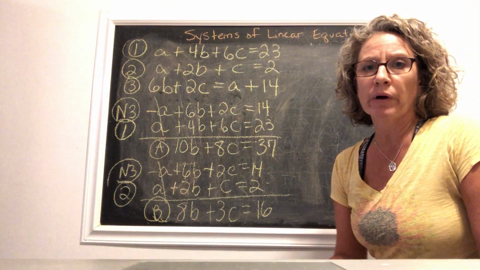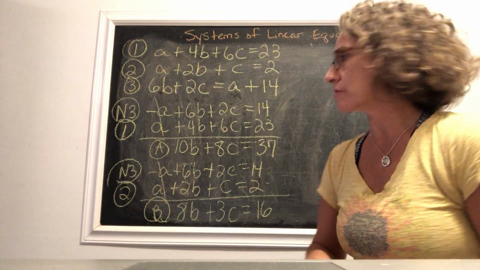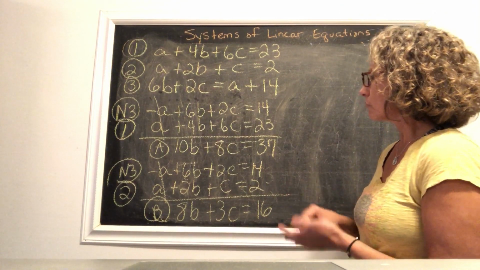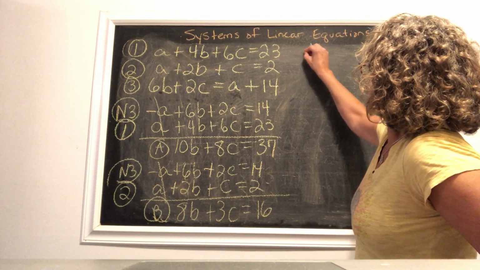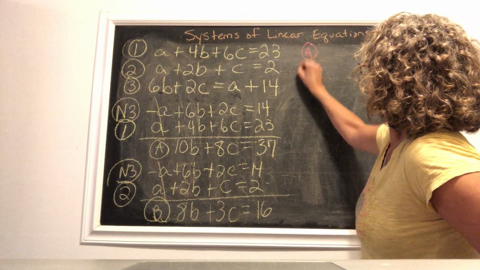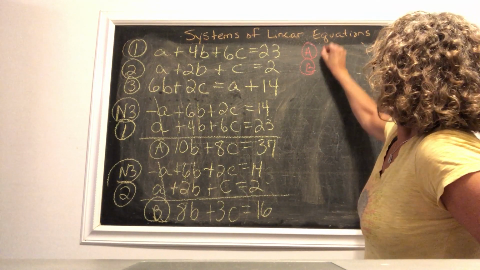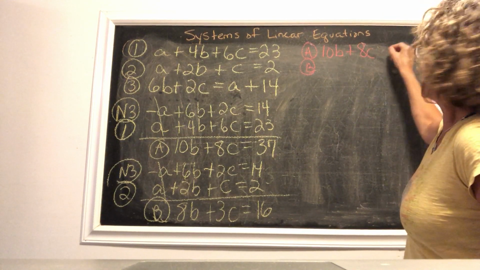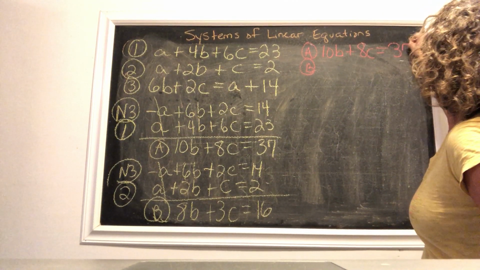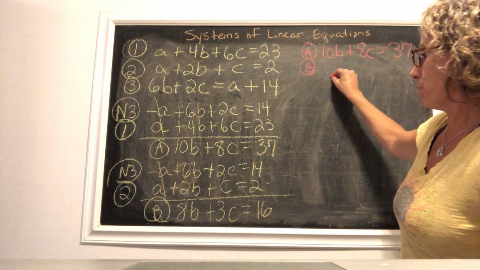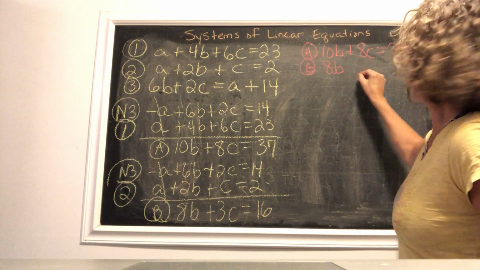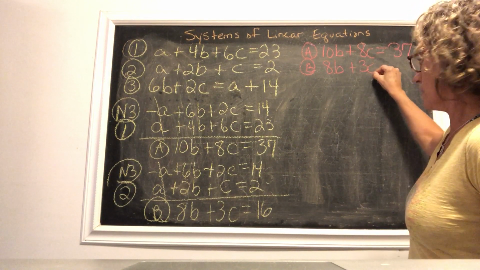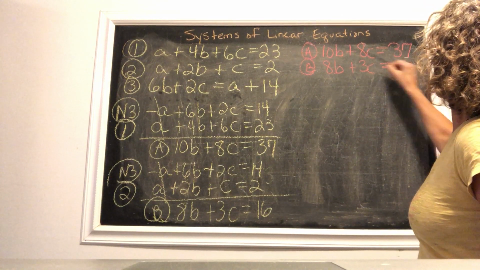Now, here's the point where you get to make a decision on what you want to do. So let me rewrite A and B at the top. A, 10B plus 8C equals 37. And equation B was 8B plus 3C equals 16.